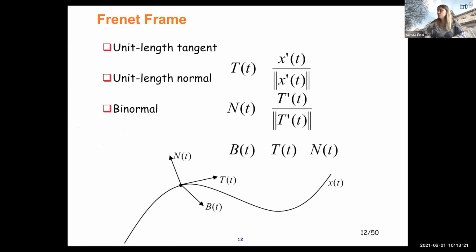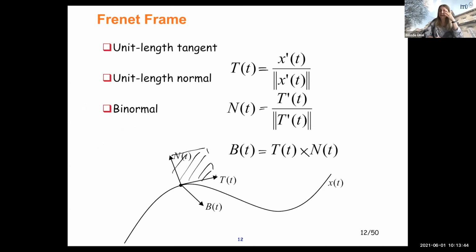Now the third one comes. This is called the binormal. Let me write, these are just equals. We form a plane from n and t, the normal and the tangent, these two vectors.